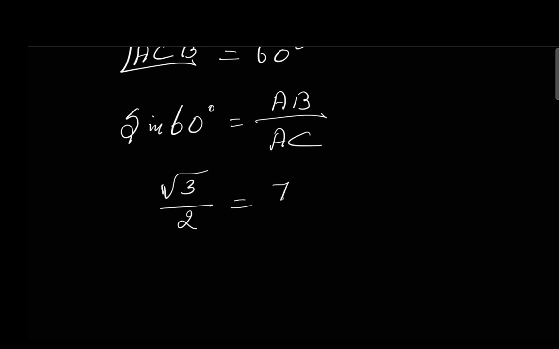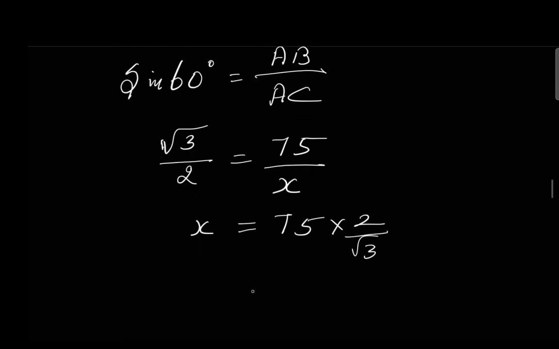So AB is given as 75 and AC I have taken as x. So you do the cross multiplication here. So just you take this x to the other side, keep 75. Just let me take root 3 by 2, that is 2 by root 3. So in the denominator I have the irrational number.